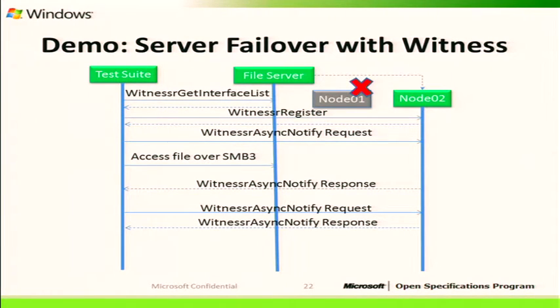When the file server is online with the owner node being node 2, the witness service will reply back to the test suite with the resource online notification. After that, we access the same file by reconnecting to the file server and continue the access.